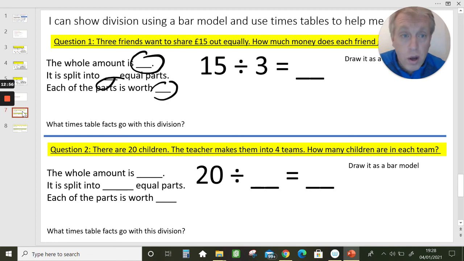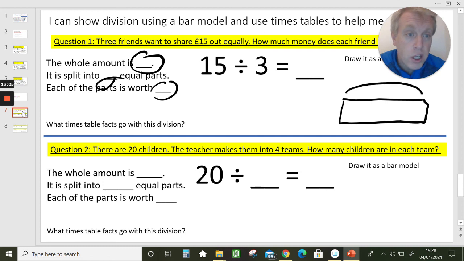I want you to work it out, and I want you to draw a neat bar model, and I want you to show the whole split into equal parts, and I want you to show the times table that goes with it. So I hope that that's not too hard. There are only 4 questions.